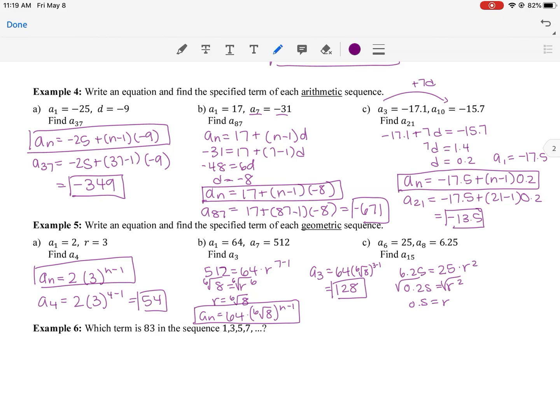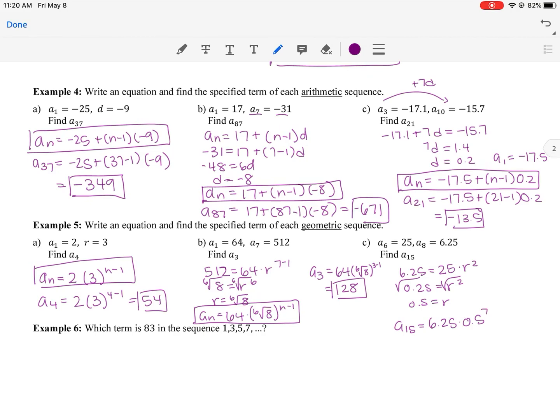So in this case, if we want this 15th term, a couple different ways we could do it, but I think probably the easiest way would be to start with the 8th, and our ratio is 0.5, and to get from the 8th to the 15th term, we're multiplying that ratio 7 times, right? Because multiply it once to get to the 9th, twice to get to the 10th, and then 5 more, so 7 times, so 0.5 to the 7th.